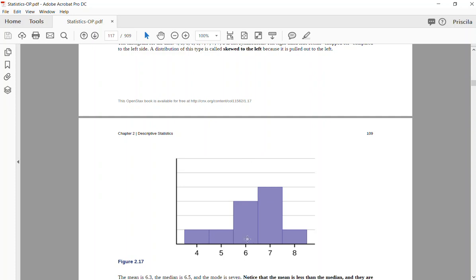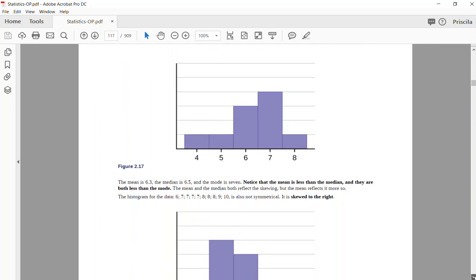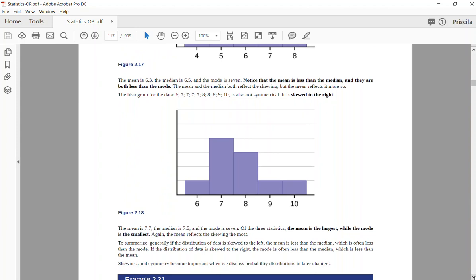They say that when the mean is less than the median, and they are both less than the mode, you have a distribution that is called skewed to the left, because it is pulled out to the left. That's what it means.